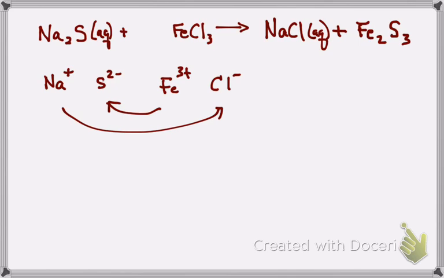I'm going to show you a couple other things with this reaction. I'm going to bypass some of the notes and just write on the board. So what's left? I have to look at iron 3 chloride and iron 2 sulfide. Handy dandy solubility chart. Do I look up iron?